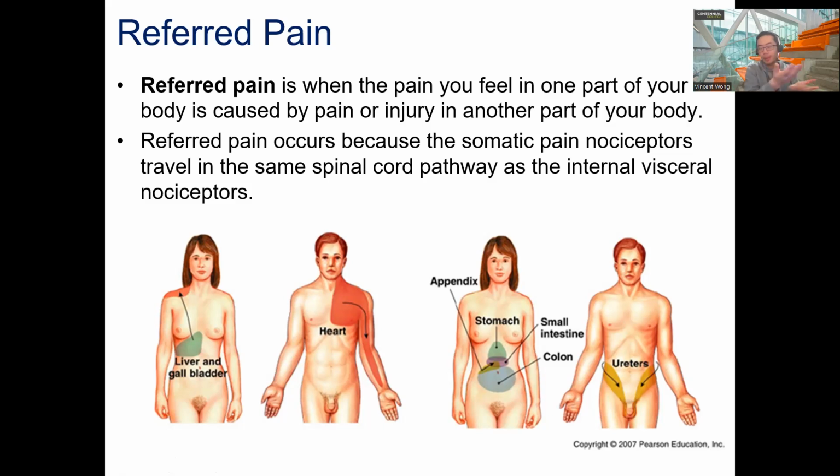But the kidneys are located exactly at the back, at the lower back, so it might not necessarily be referred pain. It might just be actually coming from the kidney. I don't really know. I haven't memorized or studied which organ maps to which part of the body.